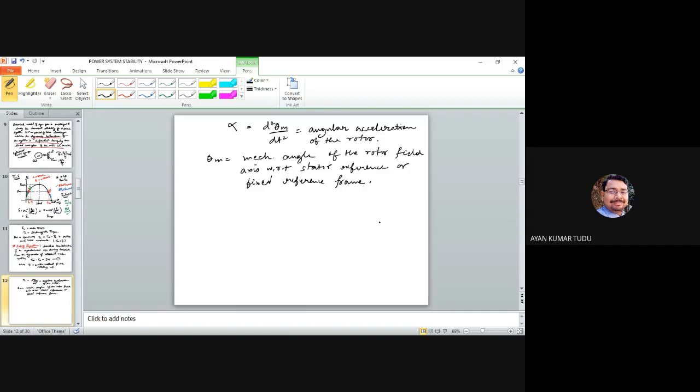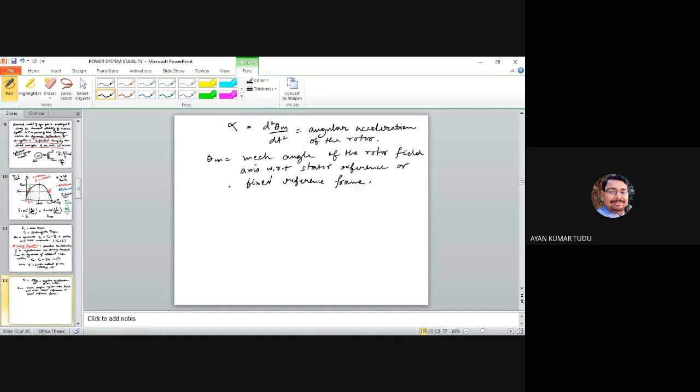Okay, so as you can see, theta m is the mechanical angle of the rotor field axis with respect to the stator reference. Now what is happening is that the rotor is continuously rotating at synchronous speed in steady state. So this theta m will also be continuously varying with respect to time.